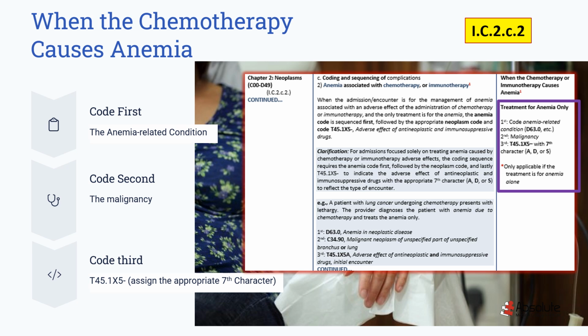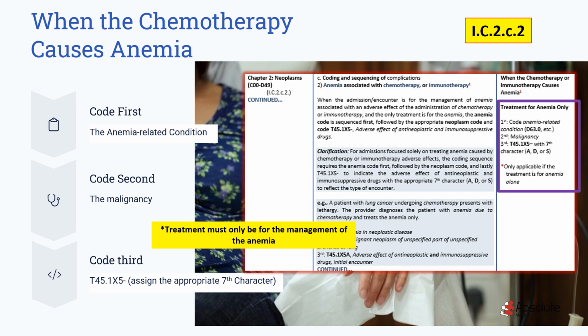Make sure that you select the seventh character extender. Also, pay attention because the treatment must only be for the management of the anemia. And how do they manage that anemia? Well, yes, iron therapy, blood transfusions, and erythropoiesis stimulating agents, or ESAs.